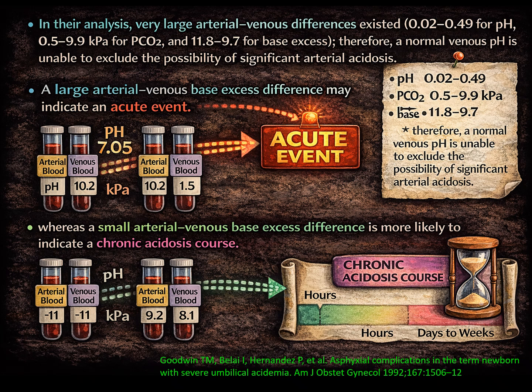So a large arteriovenous base excess difference may indicate an acute event like placental abruption or cord prolapse, whereas a small arteriovenous base excess difference is more likely to indicate a chronic acidosis course, like cases of fetal growth restriction.